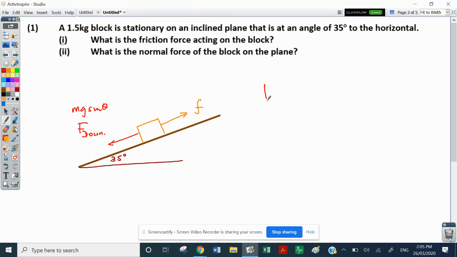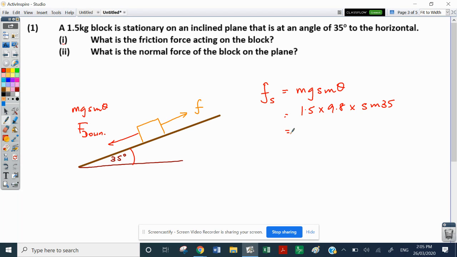So the static friction must equal mg sine theta. So we get 1.5 times 9.8 times sine 35.